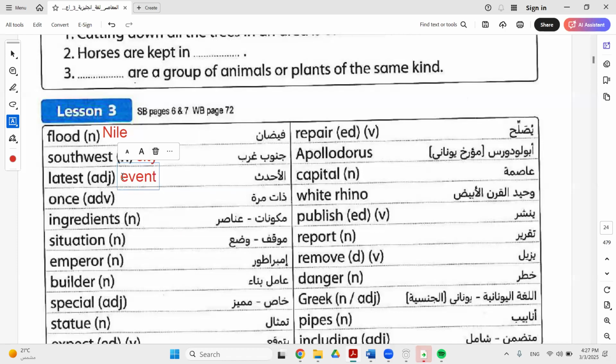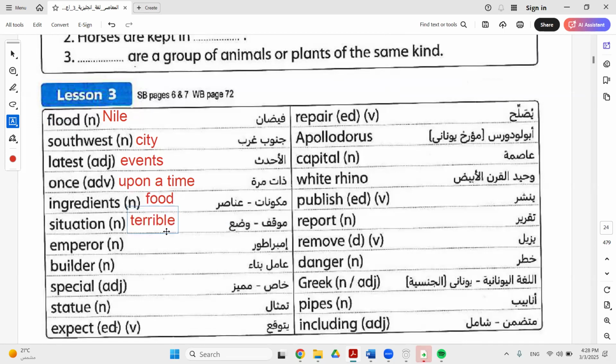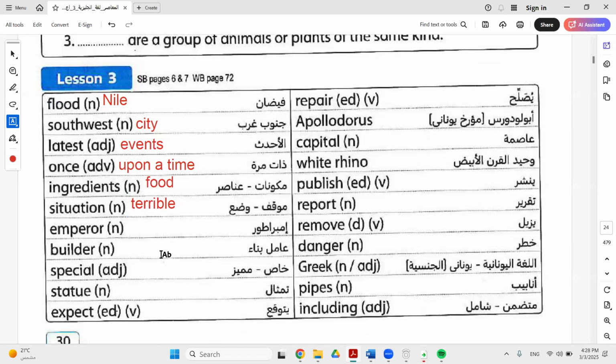Latest events, okay? Once, we usually say once upon a time, there was a princess. Ingredients, food ingredients. Situation, terrible situation. We usually say that you put me in a terrible situation. Emperor.